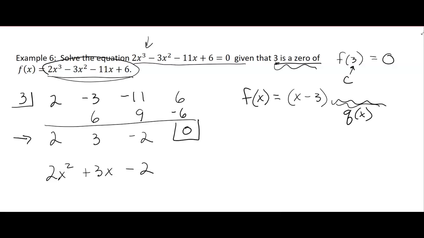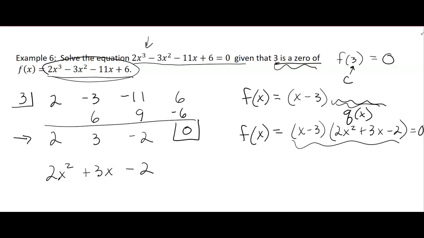So I now have f of x is equal to x minus 3 times 2x squared plus 3x minus 2. I'm trying to find the zeros of the polynomial. I'm trying to factor this. I'm trying to find what values of x will make that 0.